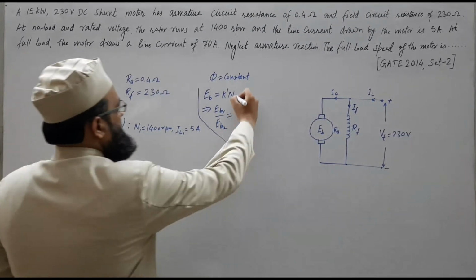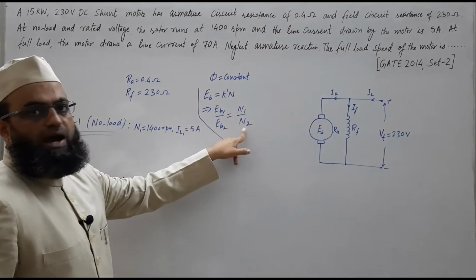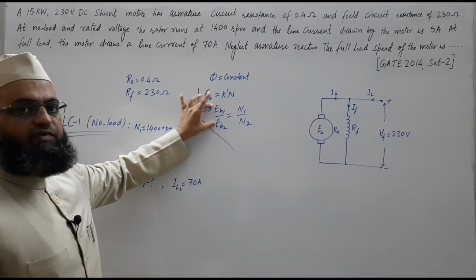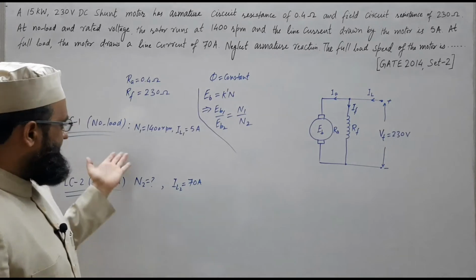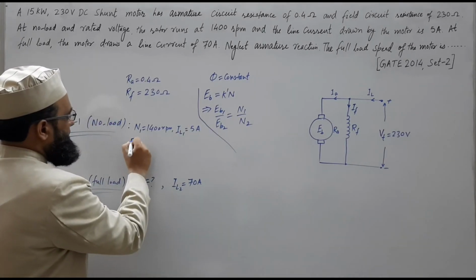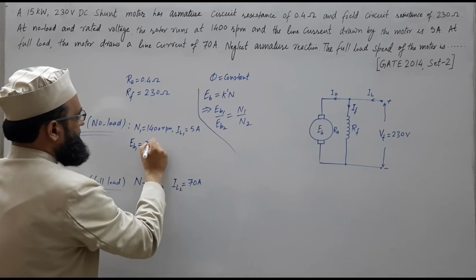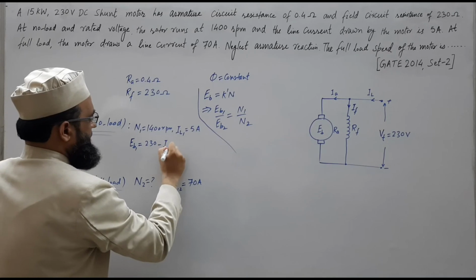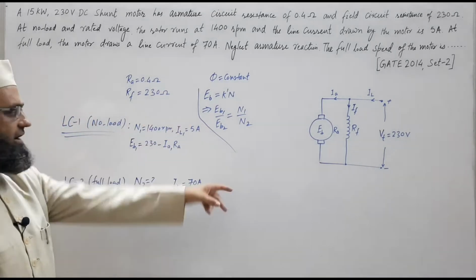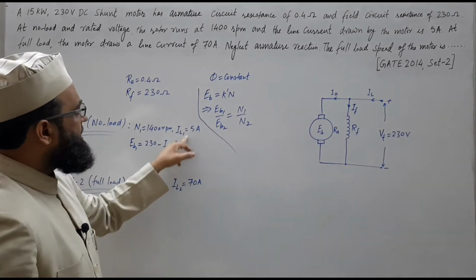So out of these 4, N1 has been given, N2 has been asked. It means these 2 have been given indirectly. How? We will see now. We know that EB1 is nothing but Vt, that is 230 volt, minus IA1 RA. This has been given indirectly because IA can be obtained with the help of IL1 and IF.